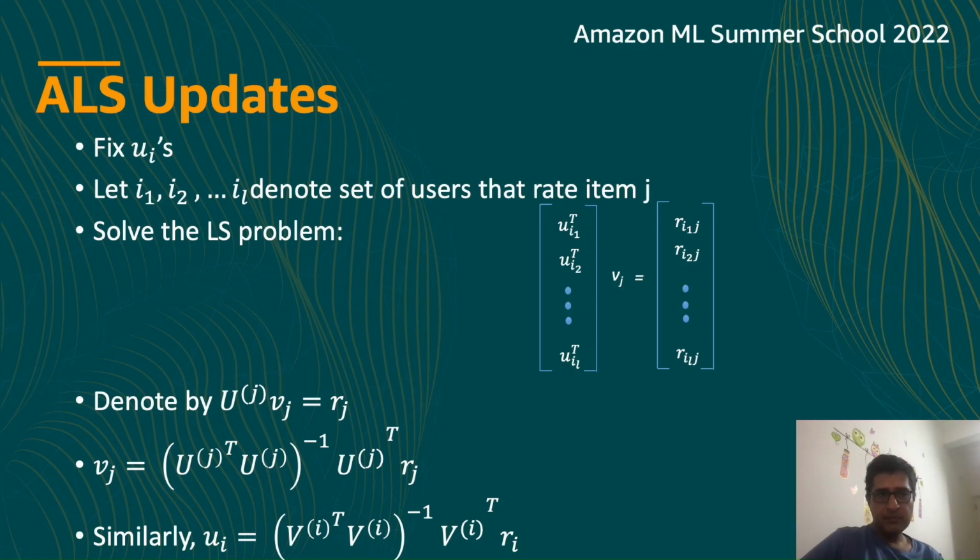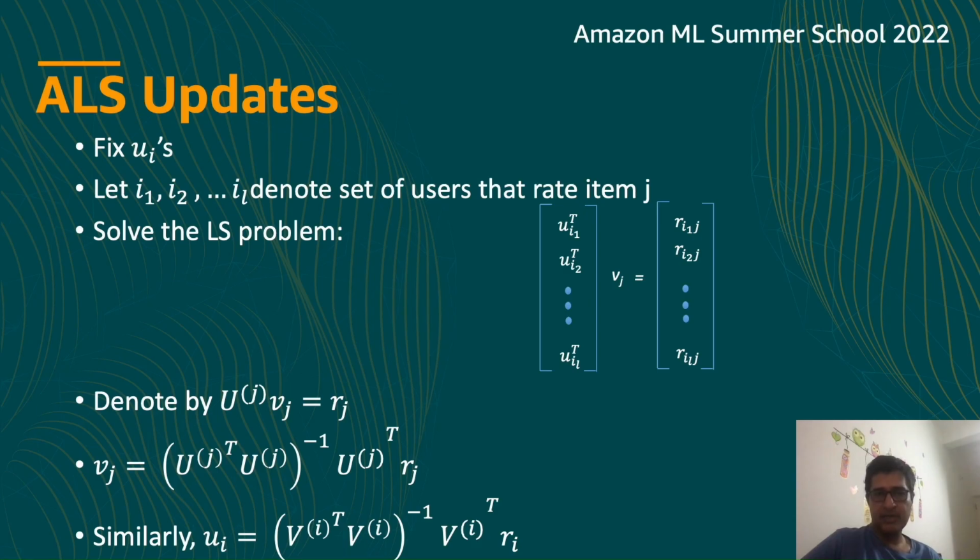Okay. So just to be clear about it, first you fix the U's, and then given the U's, you solve for the V's, because the ratings are observed, right?